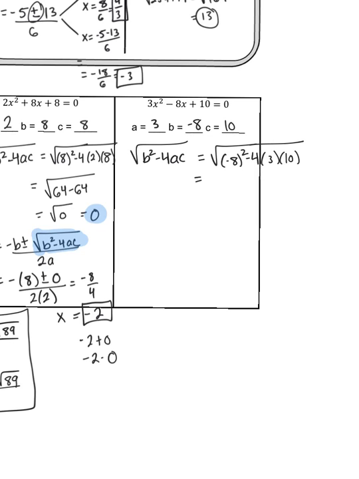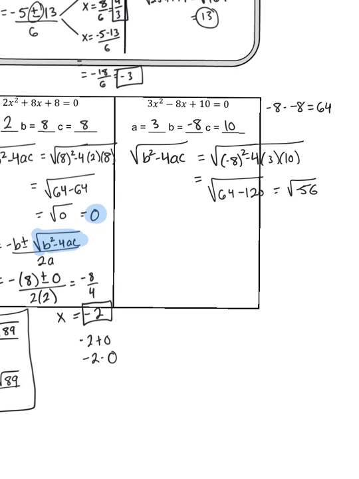If you don't put parentheses, it's going to give you the wrong answer back. So negative 8 squared, that's negative 8 times negative 8, is a positive 64. 4 times 3 is 12, times 10 is 120. So this is going to be minus 120. So this is going to give me the square root of negative 56.